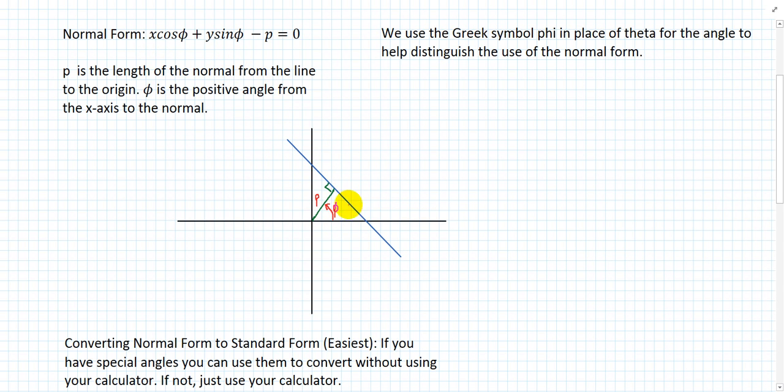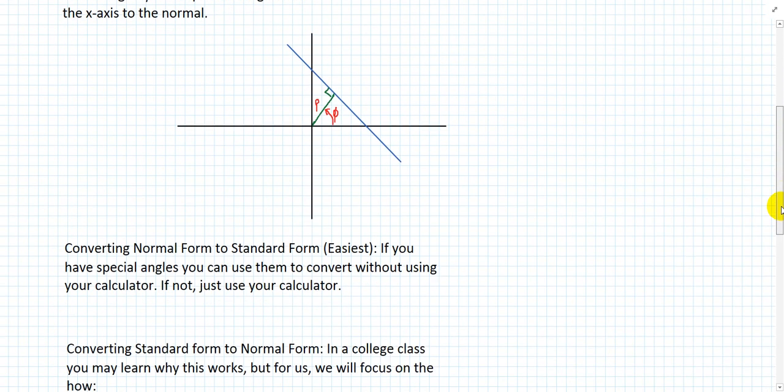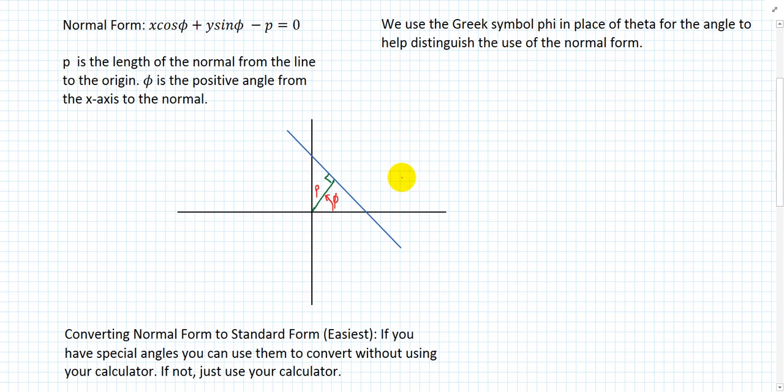Here's my line. I could figure out y equals mx plus b, or plot two points to determine a line, and I get the equation of a line. I could put it in standard form, and going back and forth from the normal form to the standard form is what we have. If I said phi was, let's say, 50 degrees, and p equals 3, then I could write that equation as x cosine 50 degrees plus y sine 50 degrees minus 3 equals 0.